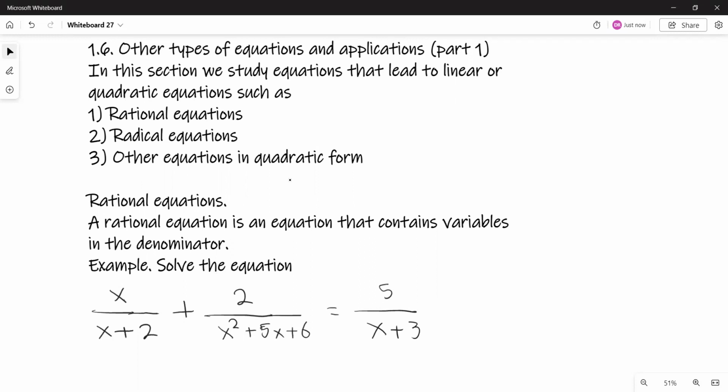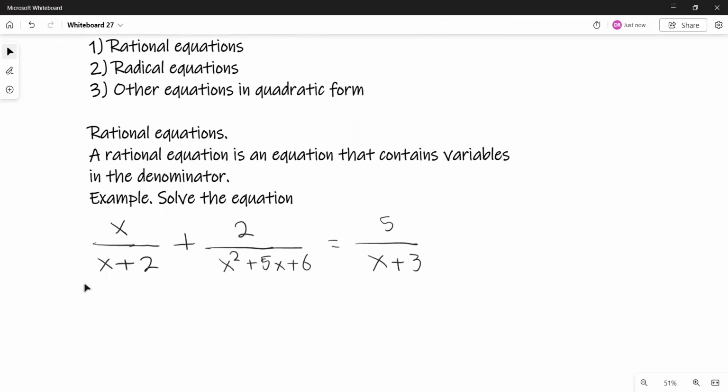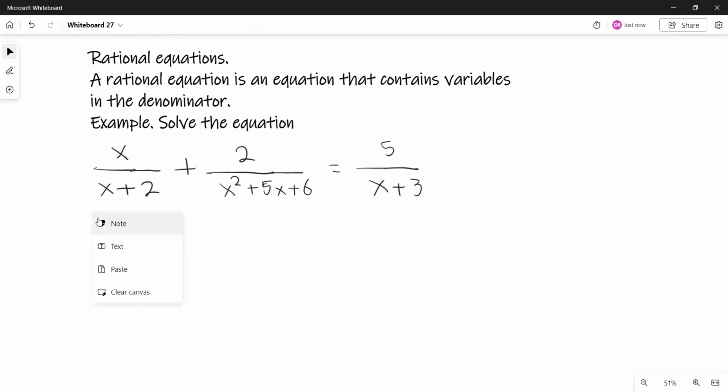The strategy for this type of equation is to use the least common denominator. We multiply both sides of the equation by the least common denominator.